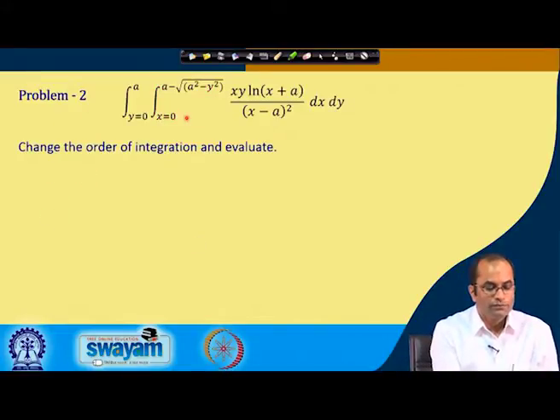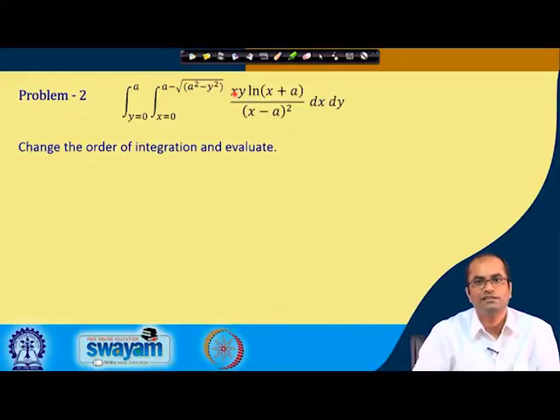Now, this is problem number 2, where we will again change the order of integration and evaluate, and indeed in this case change of order of integration is necessary, because if we just consider first with respect to x, this integrand is pretty complicated for integrating with respect to x. But if we change the order, so we will have here dy, first we will be integrating with respect to dy, and in that case we have only this y there.